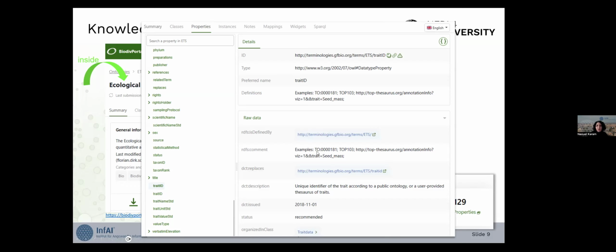And you can also see some examples, like a trait that can come from the TOP thesaurus or the trait ontology, the FLOPO ontology, and so on. And you can also see the information that this is a recommended property and it's organized in the class trait data.